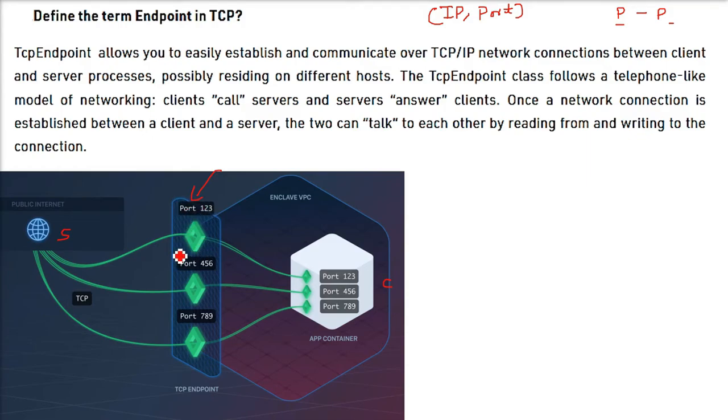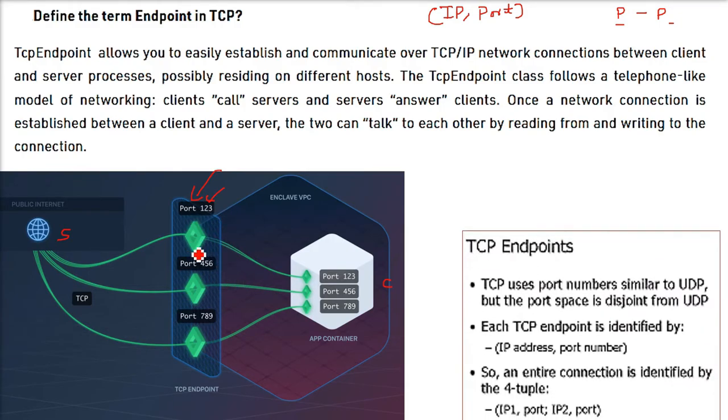Previously we used to call on a dedicated telephone network. So the client calls the server and the server answers the client. Once a network connection is established between client and server, the two can talk to each other by reading from and writing to the connection. So this is the endpoint which you see here.